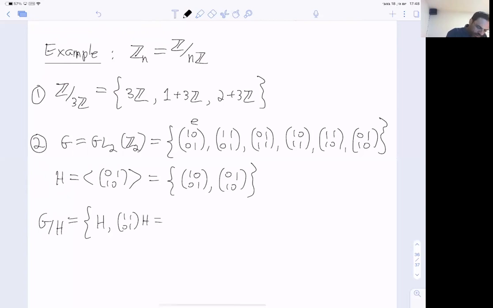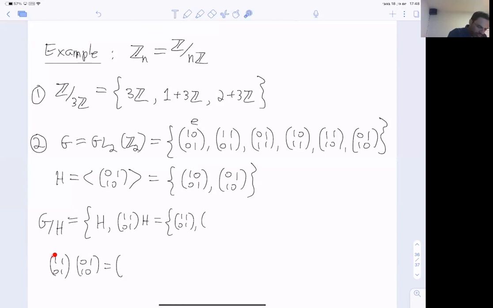I multiply this by these 2 from the left. So you have this element and you also have this, which is some reflection.